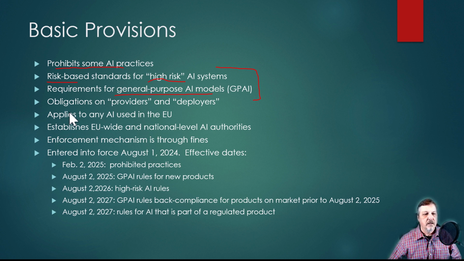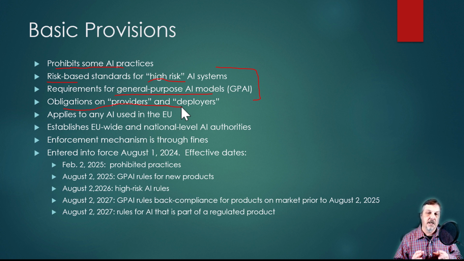The obligations within the statute are not only to the producer or the manufacturer of the AI system, but include the provider, the person who's creating it and putting the system or the model out there, and then deployers, people who are using that system or model in a commercial setting. Again, this is somewhat analogous to GDPR.